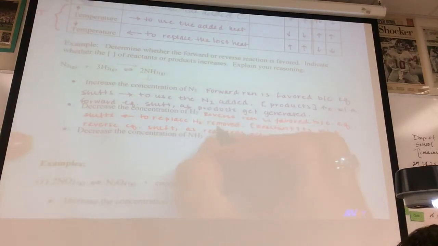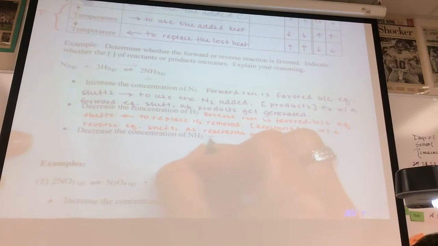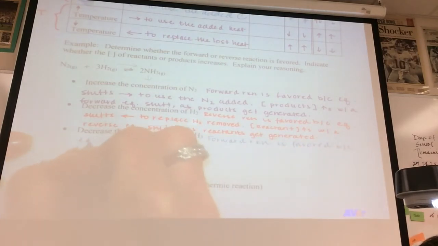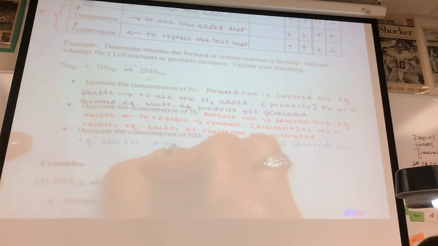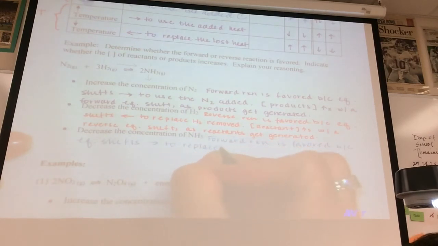So if we decrease ammonia, the forward reaction is favored because equilibrium shifts forward to replace the ammonia that's removed.